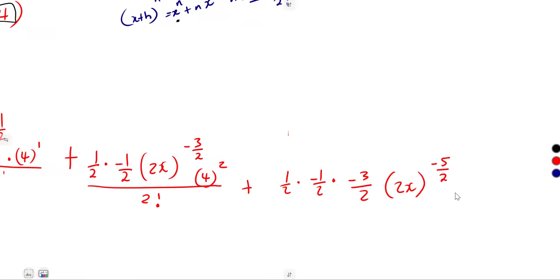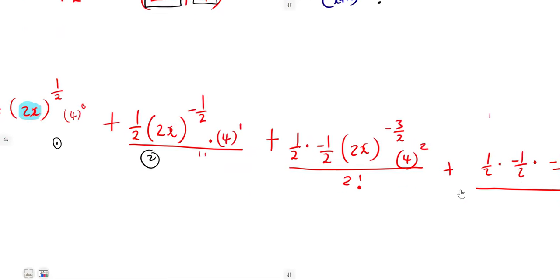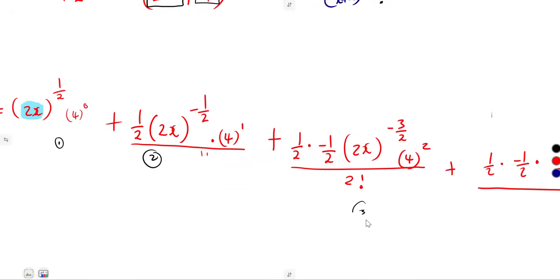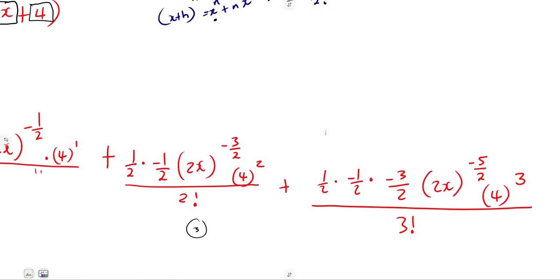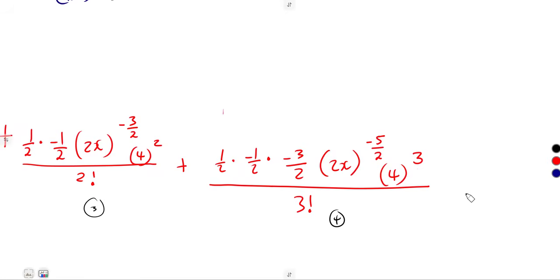The 4 is increasing its power, so it's now to the exponent of 3, over 3 factorial. As we can see, there are 4 terms right now, because this is the third one, and this is the fourth one. So that's what you're going to have, and so on.